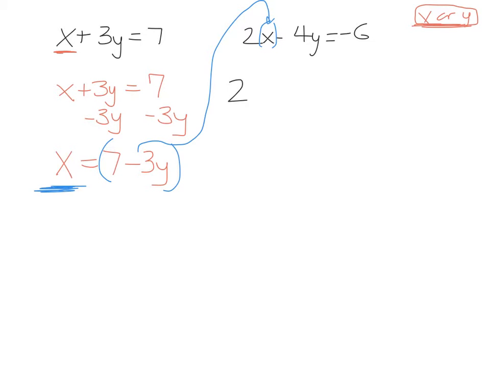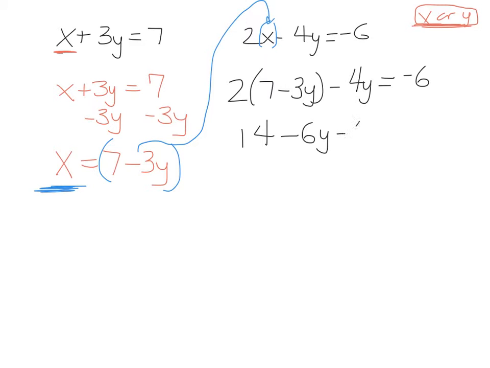So I have 2 times 7 minus 3y minus 4y equals -6. That will give me 14, I'm distributing, minus 6y minus 4y equals -6. You have a choice now.